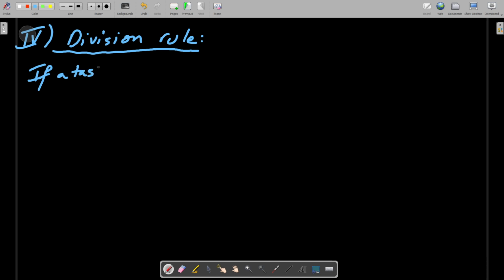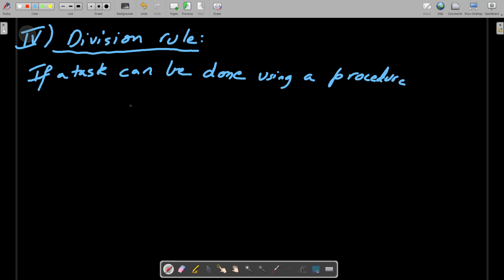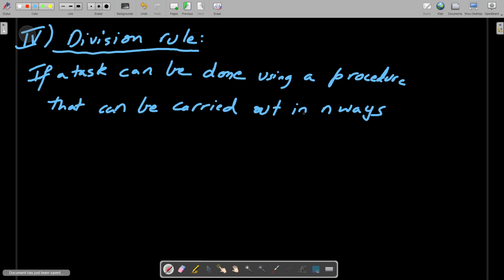If a task can be done using a procedure that can be carried out in n ways.